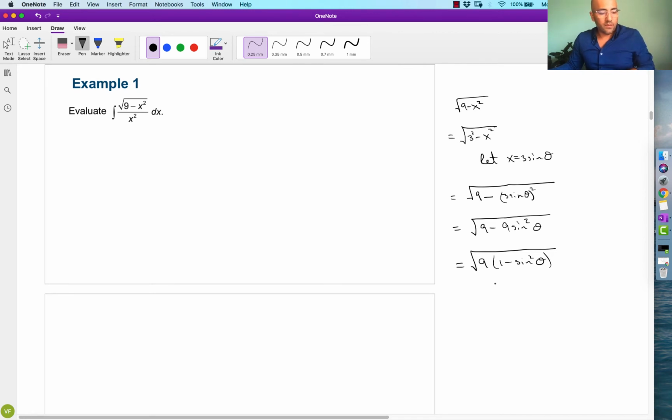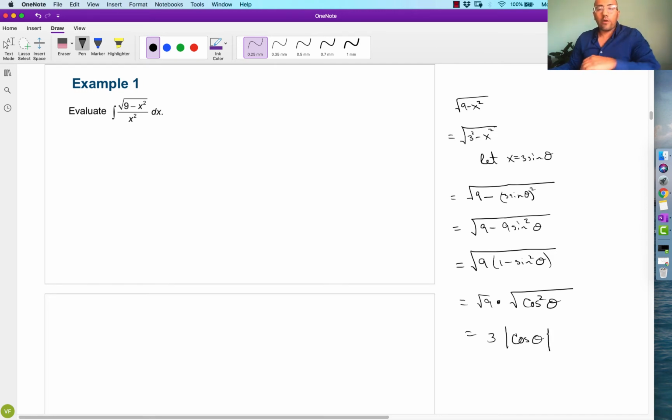Then we can separate this into the square root of 9 times the square root of this, and we can use our Pythagorean substitution to replace it like that. And then something squared, square rooted, as we covered before, must mean this is the absolute value of cosine of theta.